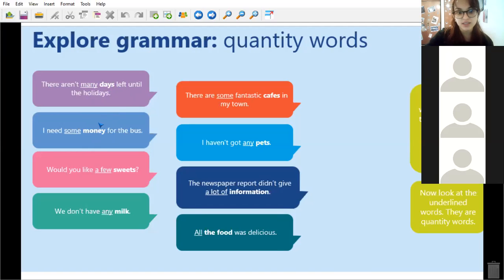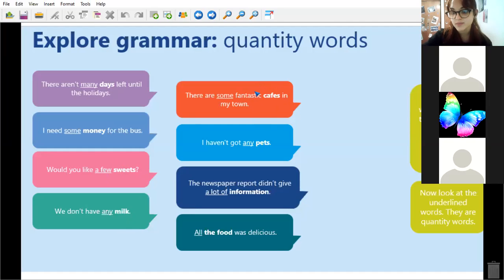It doesn't exist. So some money. Good. If I say sweets, countable. Look at the S at the end of the word. It is a plural, so we say 1 sweet, 2 sweets, 3 sweets. Milk, what about milk? Uncountable, it's like water.